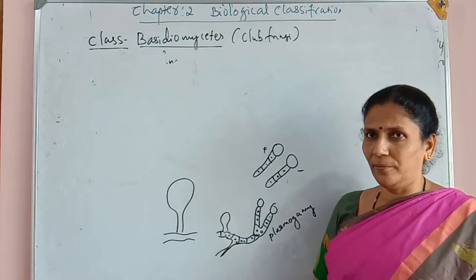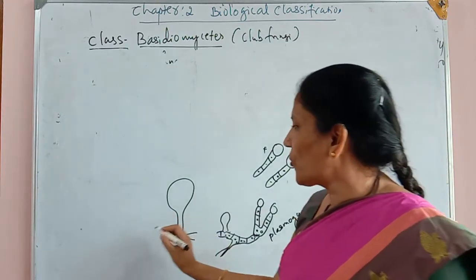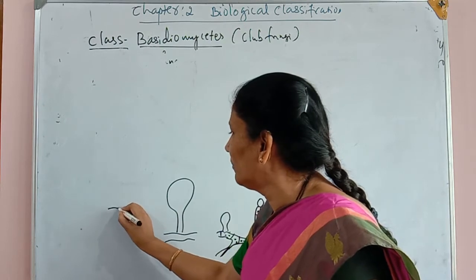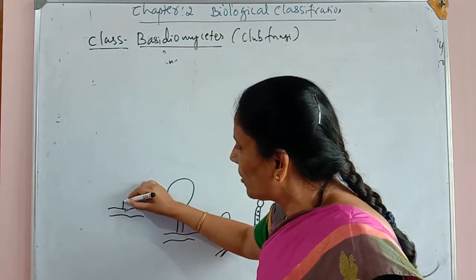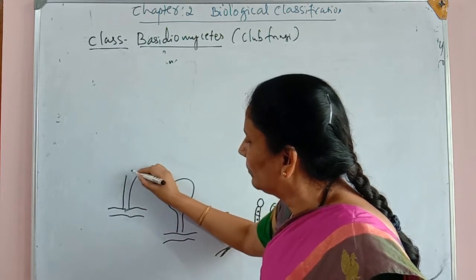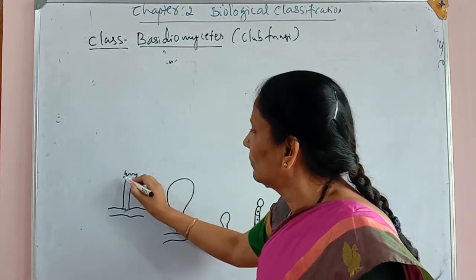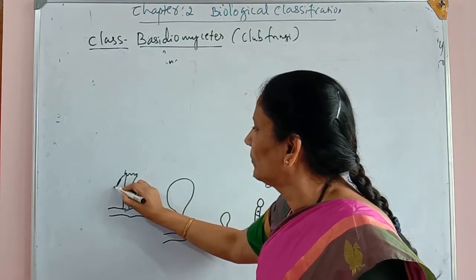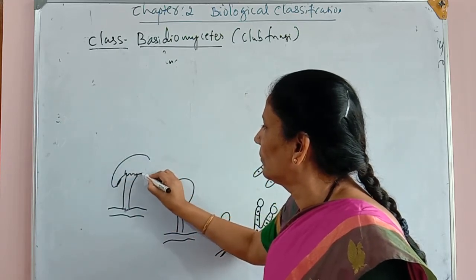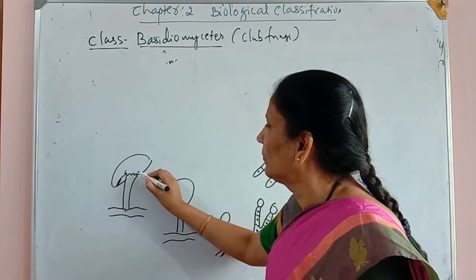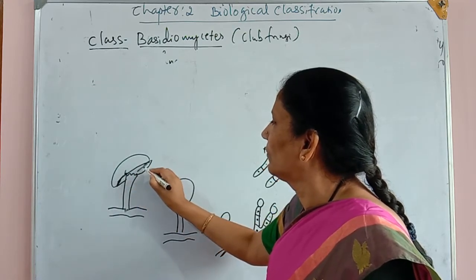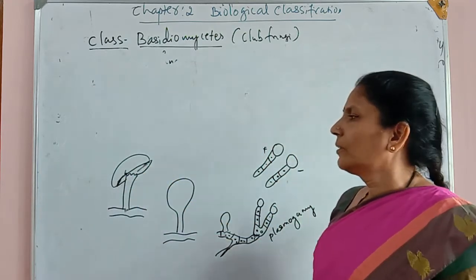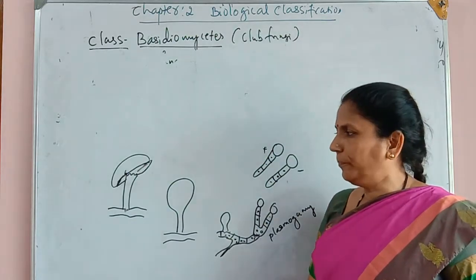The fruiting body structure is somewhat like this. A stalk-like structure and an umbrella-like structure.